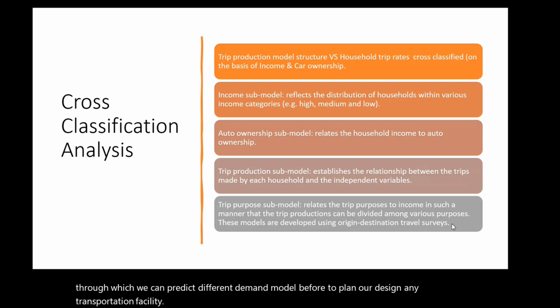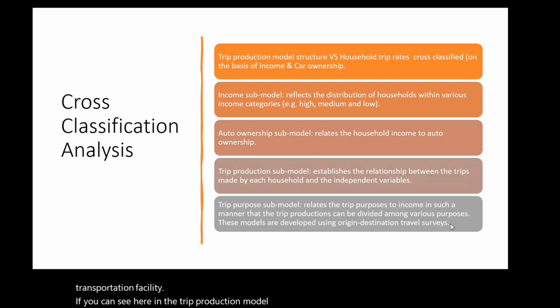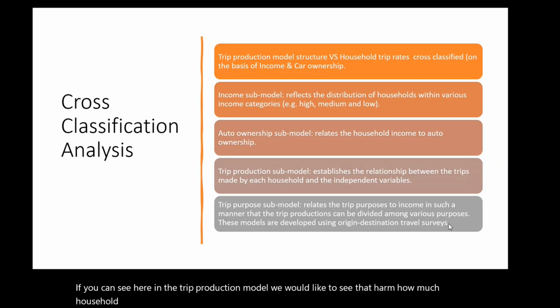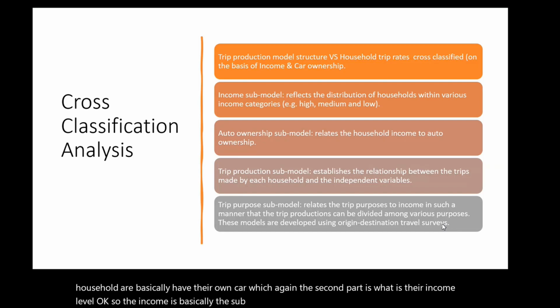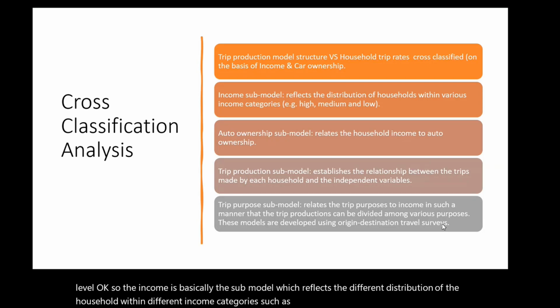As you can see here in the trip production model, we would like to see how many households have their own car, and the second part is what their income level is. Income is basically the submodel which reflects the distribution of households within different income categories such as high, medium, low, and below low.